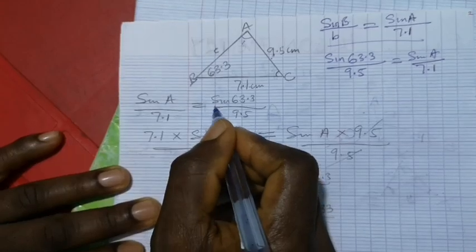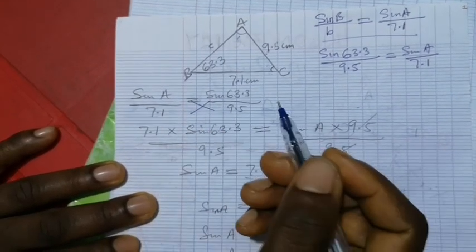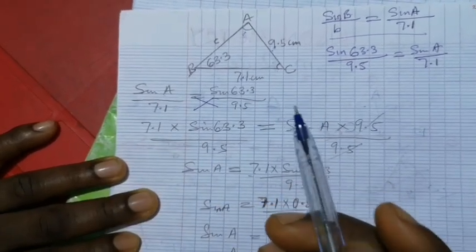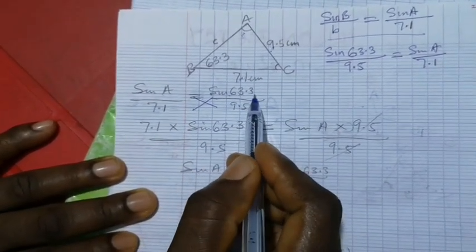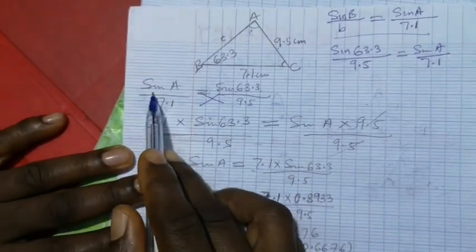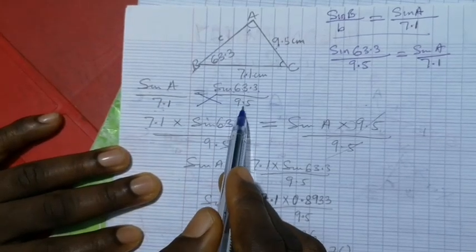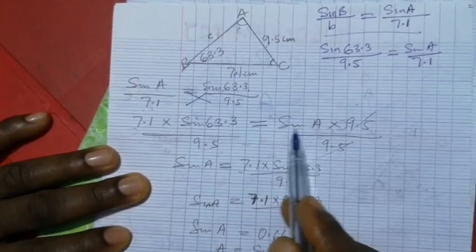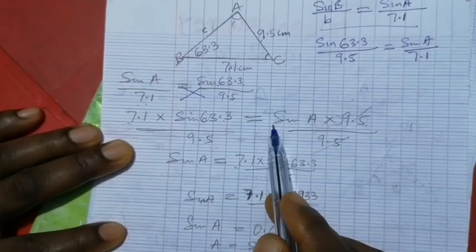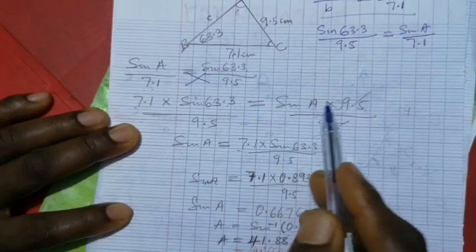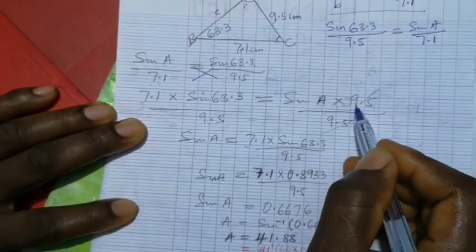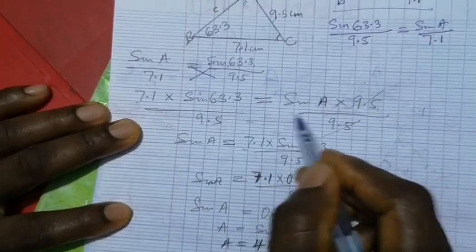Now if you cross multiply, because we are looking for the value of A, you now have sine 63.3 times 7.1 on one side, and sine A times 9.5 on the other. Since it is A that we are looking for, we need to first of all remove this 9.5 here, and we do that by dividing both sides by 9.5.